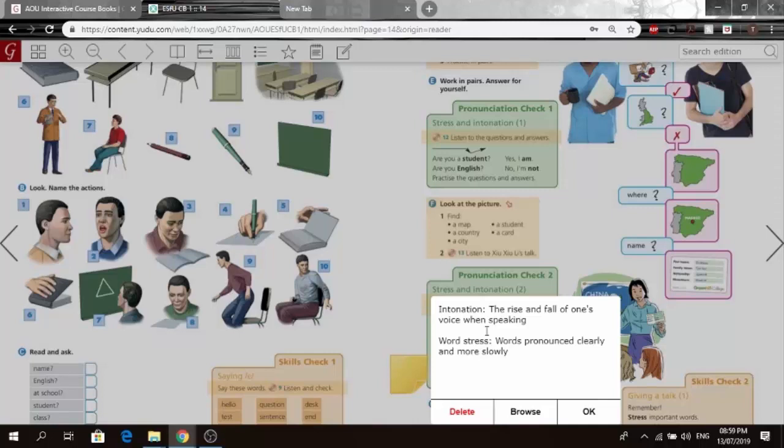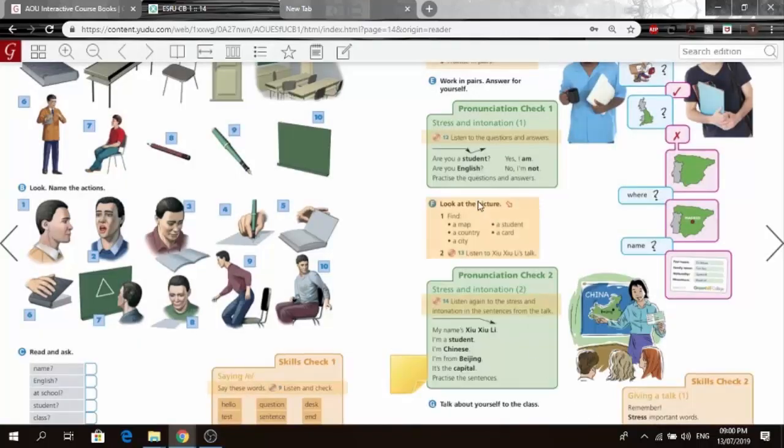You get the idea, alright? Now, word stress. Words pronounced clearly and more slowly. Okay? So, when you stress certain words, based on your intonation and word stress, people can assume that you're either being sarcastic, serious, angry, tired, or sad.